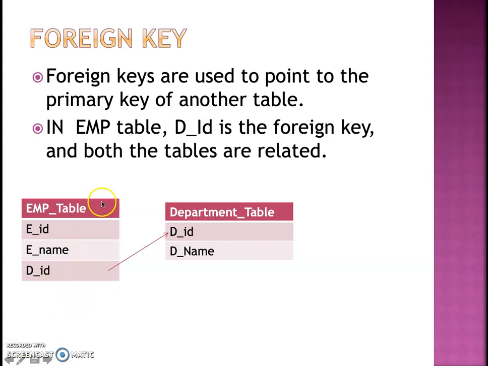Now, in the employee table, department ID is a foreign key, and in the department table, department ID is a primary key. So DID will be a foreign key in the employee table.